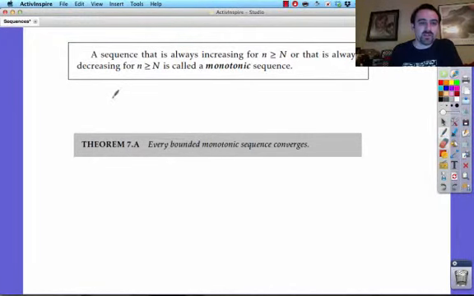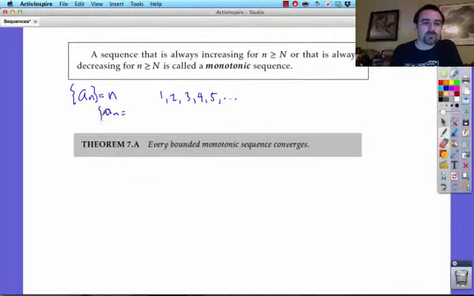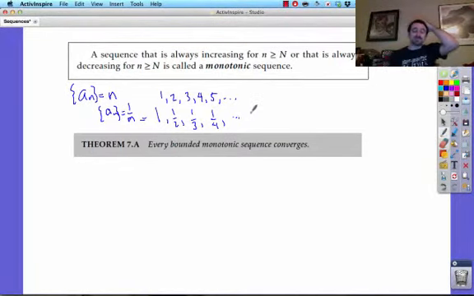So for instance, this sequence here, a sub n equals n, so this is going to be 1, 2, 3, 4, 5. This sequence is monotonically increasing, whereas when a sub n equals 1 over n, this is 1, a half, a third, a fourth. This is monotonically decreasing.